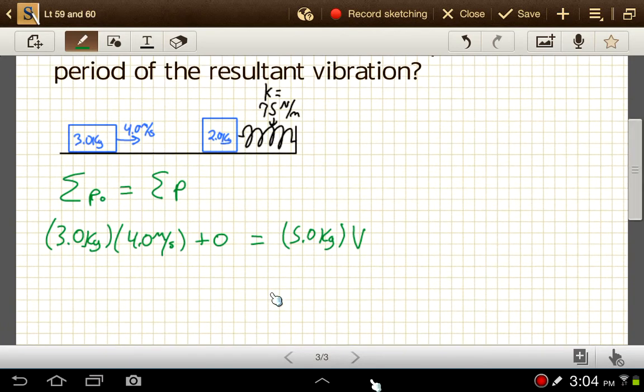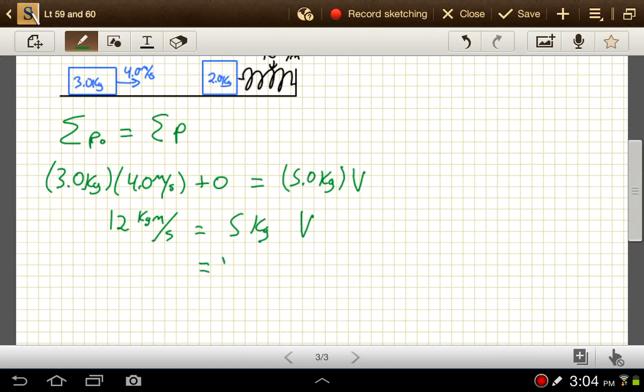So then we'll have 12 kilogram meters per second is equal to 5 kilograms times v. So our velocity is going to be just 2.4 meters per second.